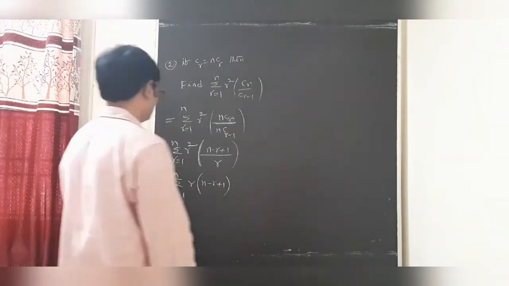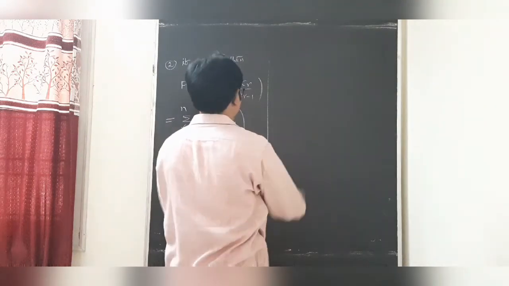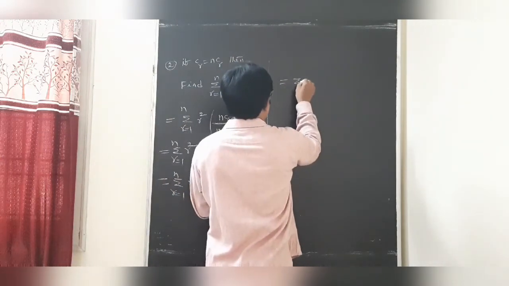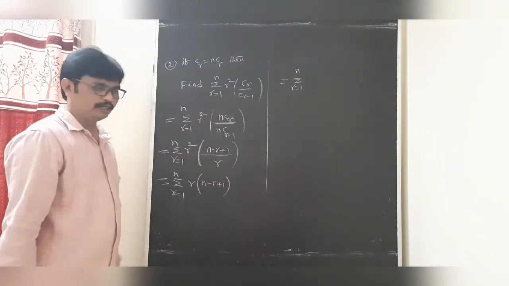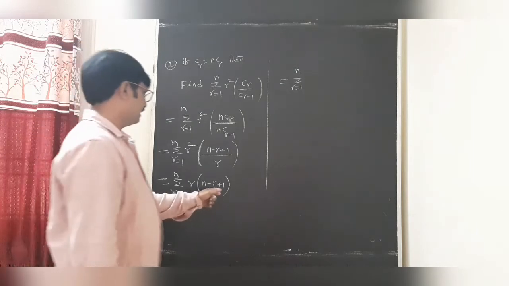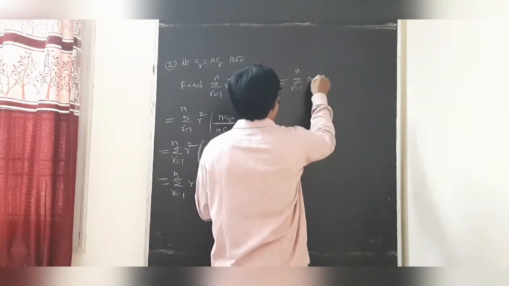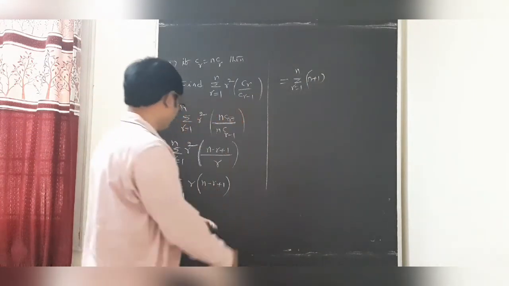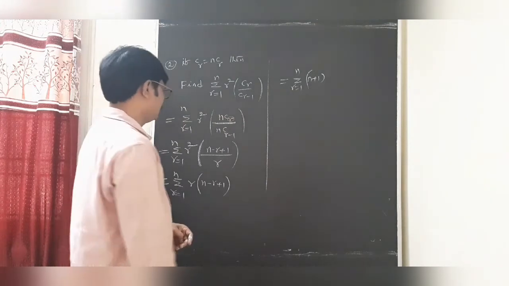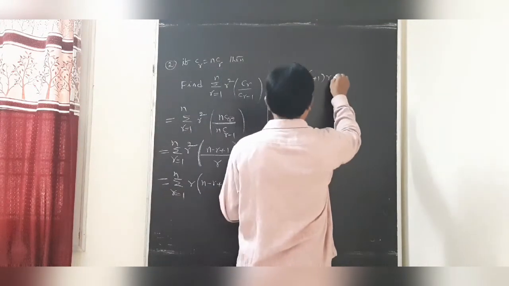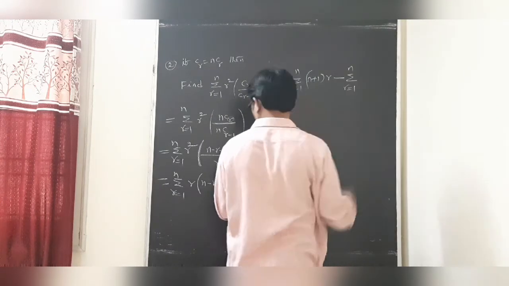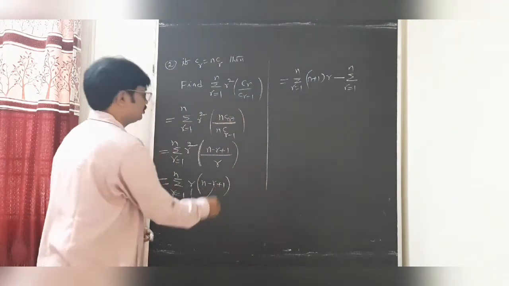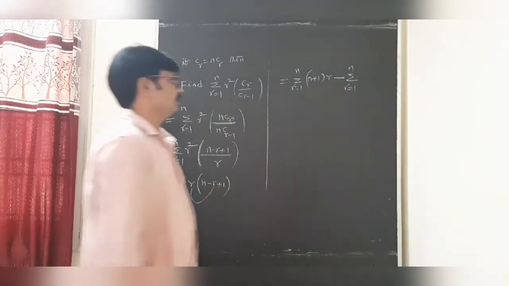Dear students, undoubtedly this can be written as sigma r equal to 1 to n, n plus 1 into r minus sigma r equal to 1 to n, r into r, which is r square.